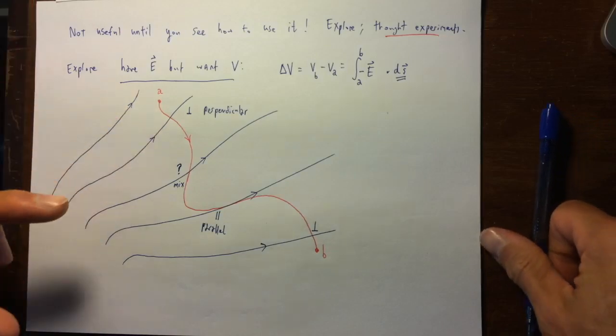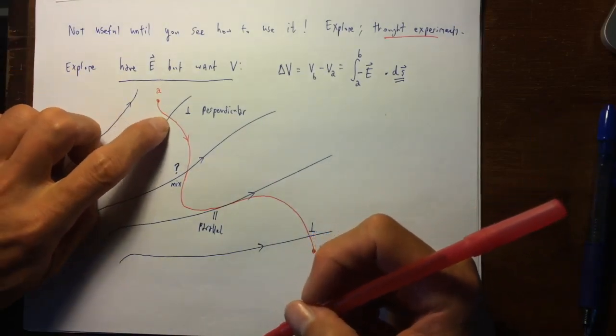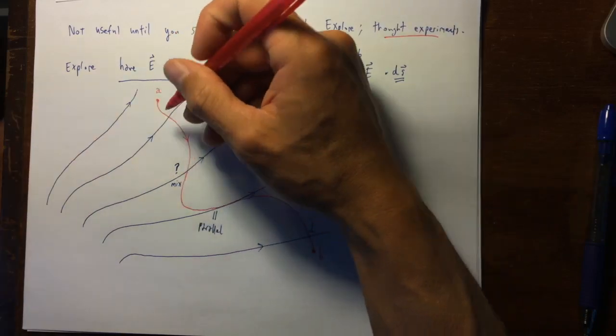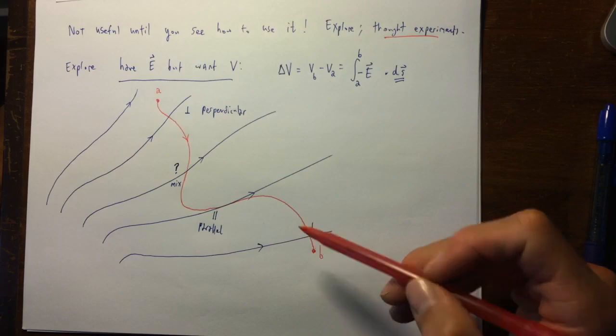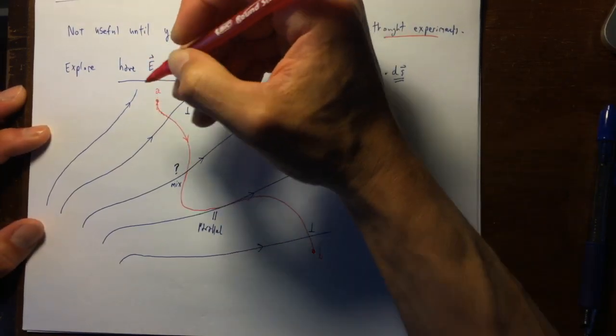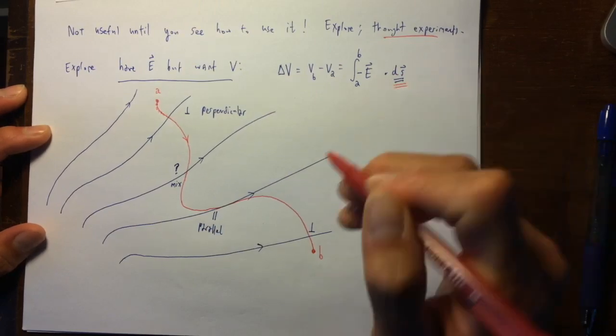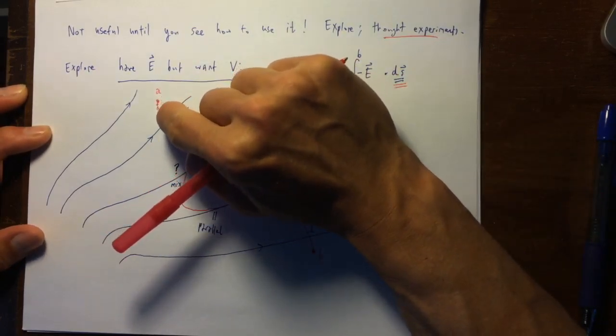So up here, let's call this an intermediate location. On the way from A to B, we're going to go through all these various coordinates, and our little ds vector is going to take us to the next coordinate, next coordinate, next coordinate.